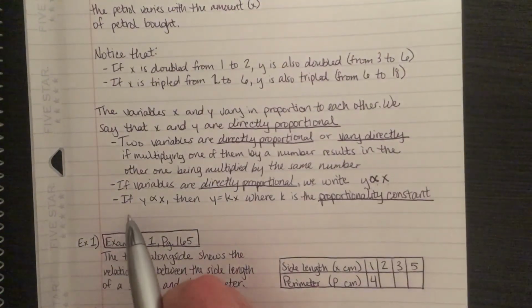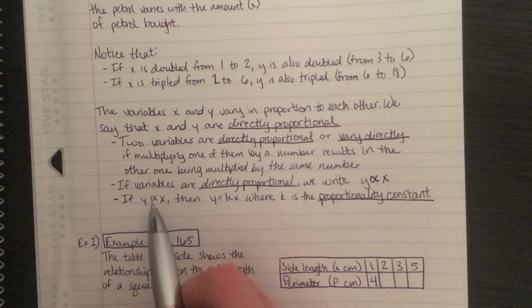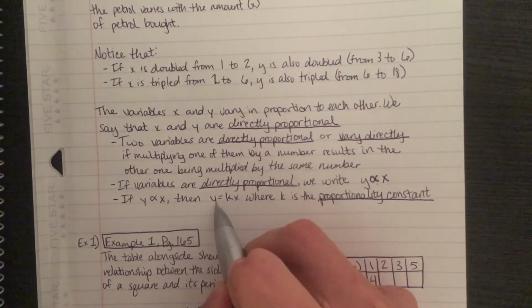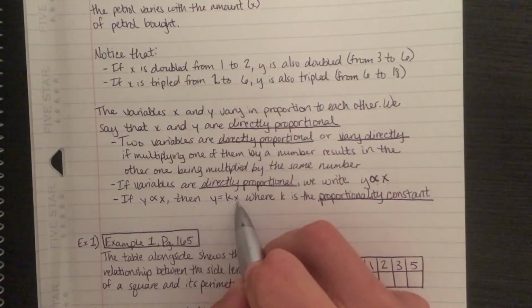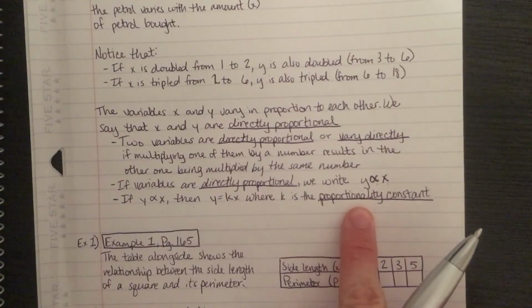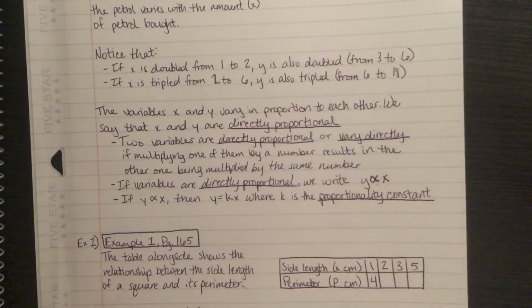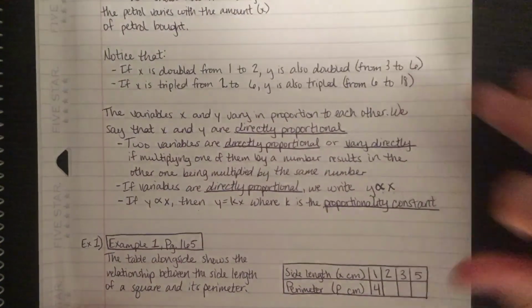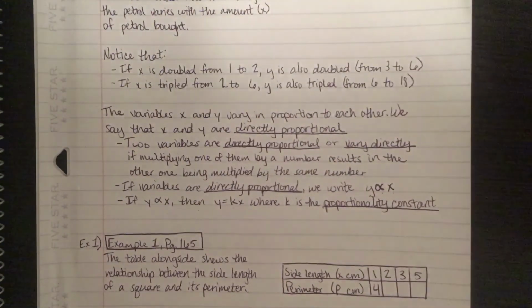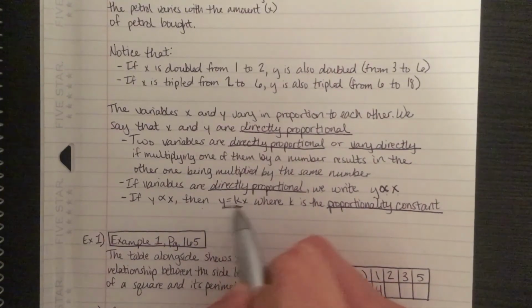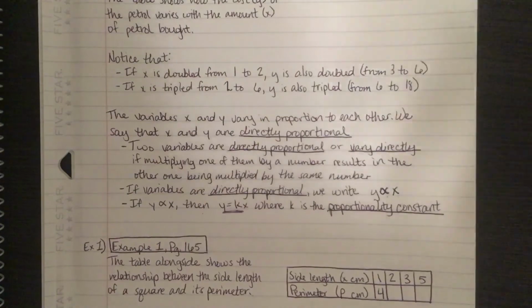So we read this, if Y is directly proportional to X, then the equation we write is Y equals K times X. We call this K right here the proportionality constant, or the constant of proportionality. We'll look at that a little bit in depth today. But this is largely what we're going to be using, Y equals the proportionality constant times X.